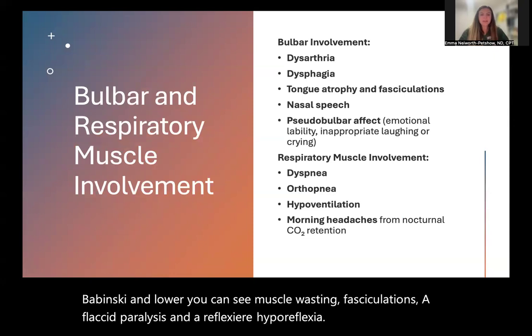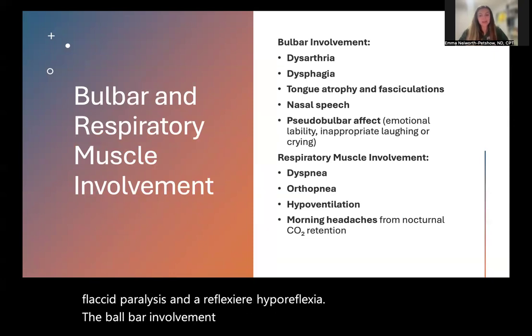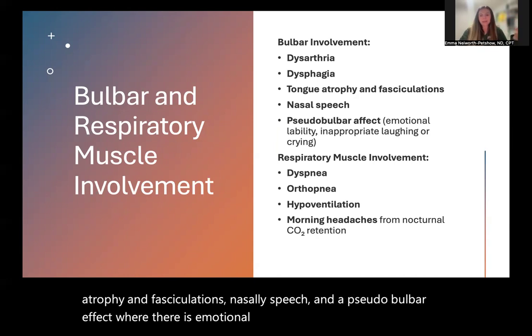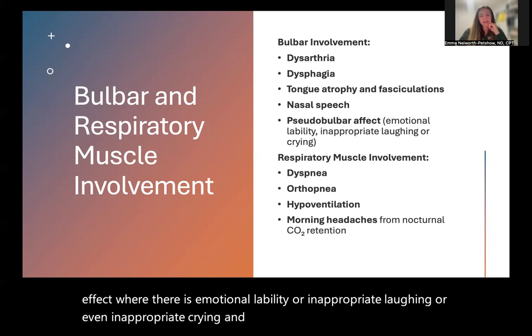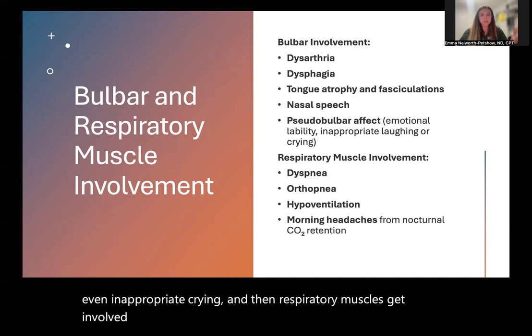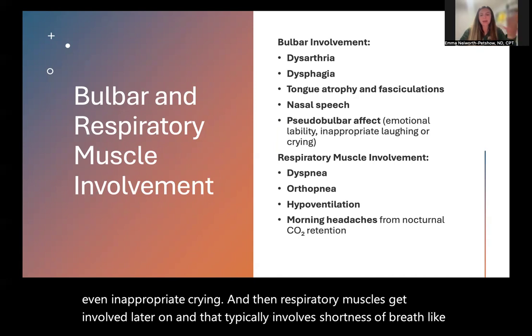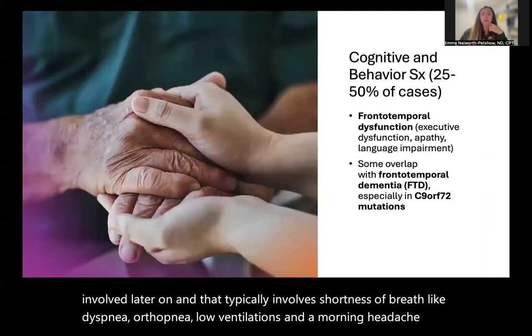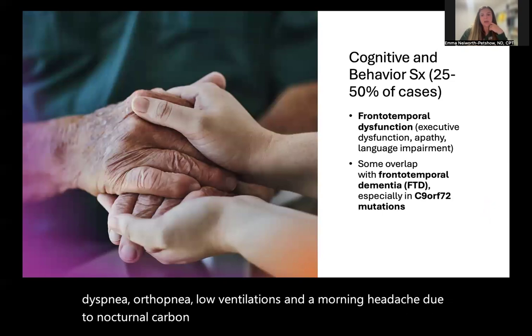The bulbar involvement includes dysarthria, dysphagia, tongue atrophy and fasciculations, nasal speech, and a pseudobulbar affect where there's emotional lability or inappropriate laughing or even inappropriate crying. And then respiratory muscles get involved later on, and that typically involves shortness of breath like dyspnea, orthopnea, low ventilations, and a morning headache due to nocturnal carbon dioxide retention.